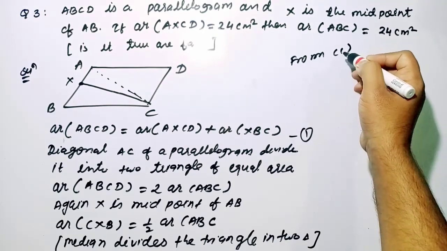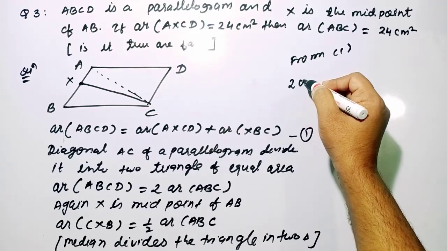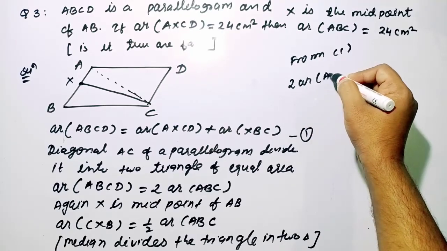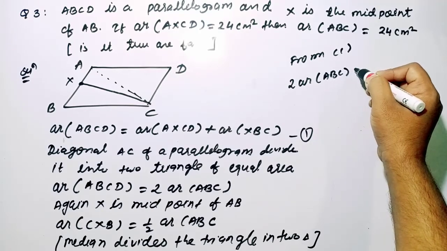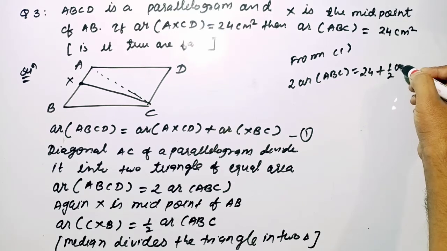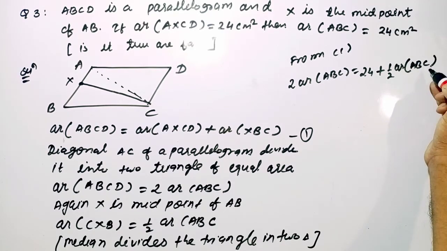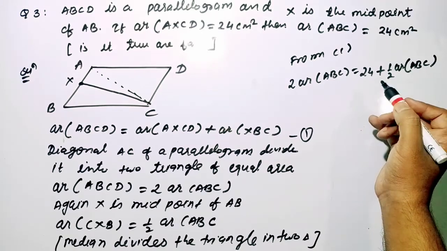From the first result, the area of ABCD is twice the area of ABC, and the area of AXCD is already given, 24, and the area of XBC we got is half the area of ABC.